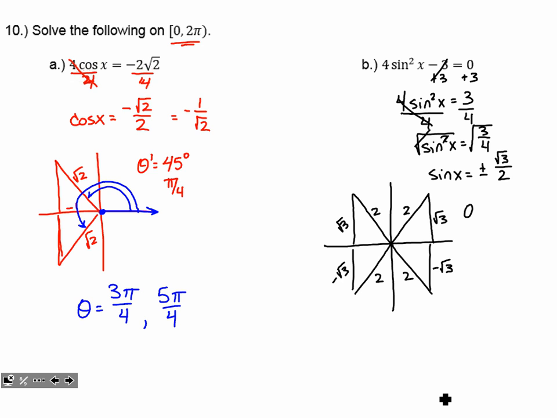I just notice I'm using thetas when my variable is x. Over here, my reference angle theta prime, every time I'm inside one of those triangles, it's a 60-degree reference angle, pi over 3 in radians.